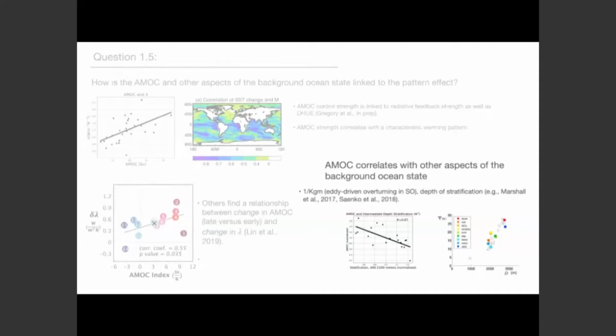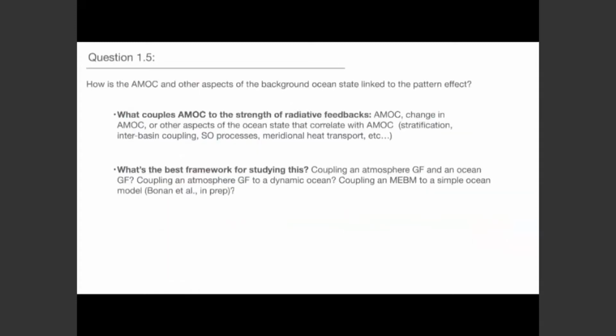Kind of the inverse of that is something I'm showing, which is just the average N squared, or stratification, in 400 to 1200 meters across different CMIP6 models and the AMOC. And so to rephrase my question, it's how is the AMOC related to feedbacks and the pattern effect, but what really matters?